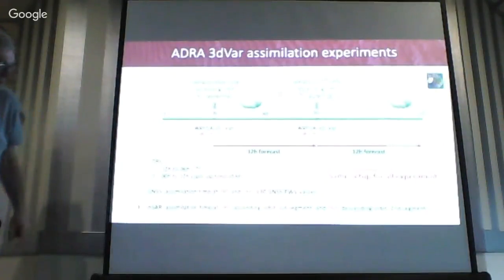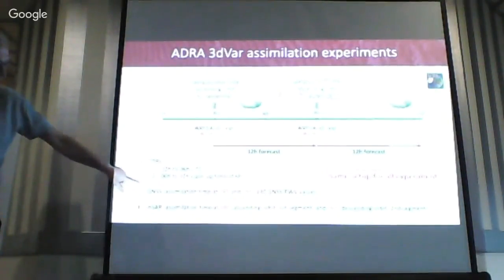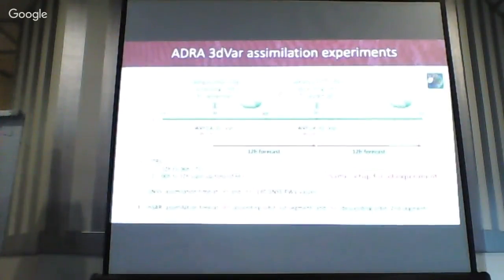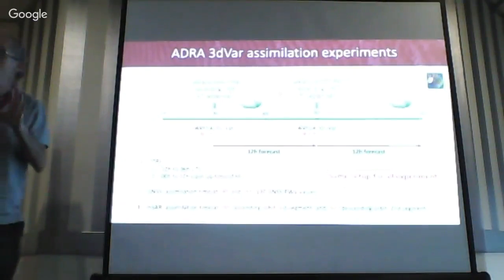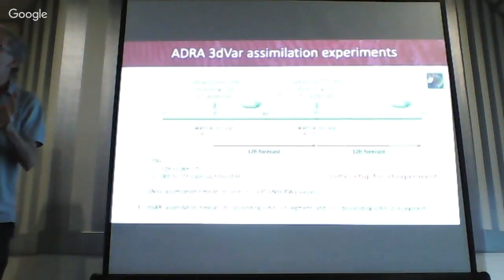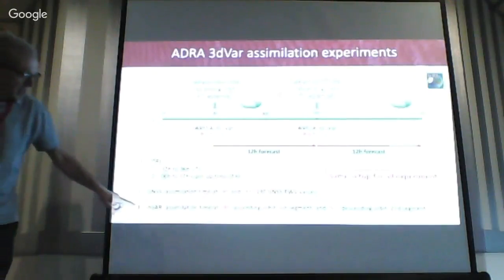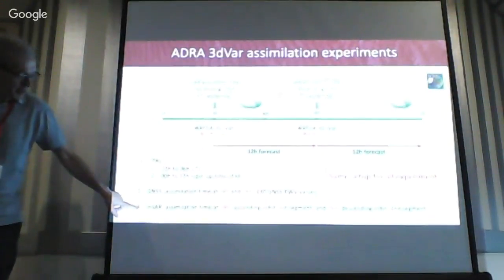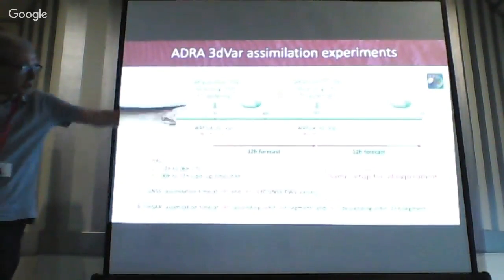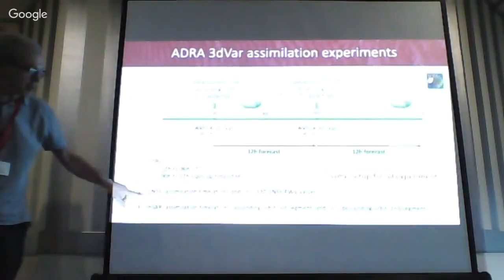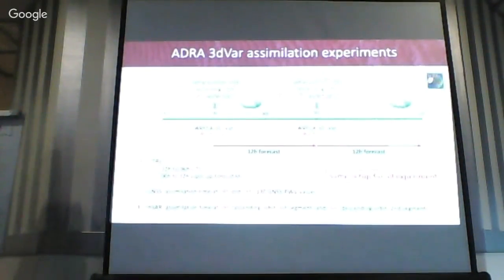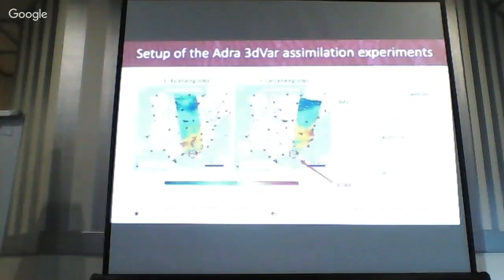In the second case, we assimilate the GNSS network in Iberia, I'll show you what it is, except for a few stations which we keep out for calibration. And in the final run, we assimilate InSAR at these times. Both GNSS and InSAR are done at the same time, so we are just doing a single shot at one time.